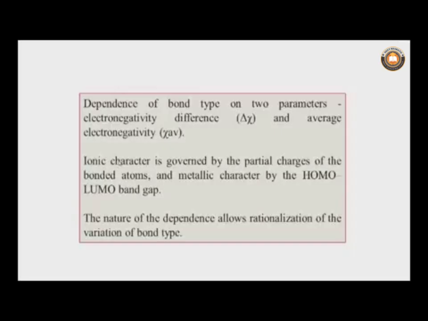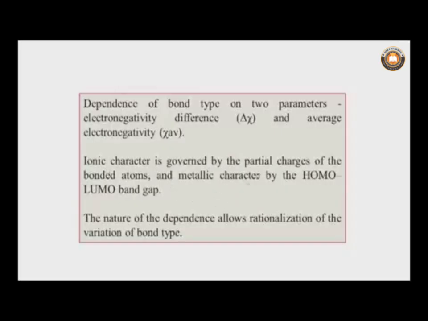If these two parameters are the controlling parameters, then we can define the nature of these molecules as to whether it is an ionic compound or a covalent compound. So, in case of ionic character, like that present in NaCl, it is governed by the partial charges of the bonded atoms, and this particular character is there if we have a typical charge separation.